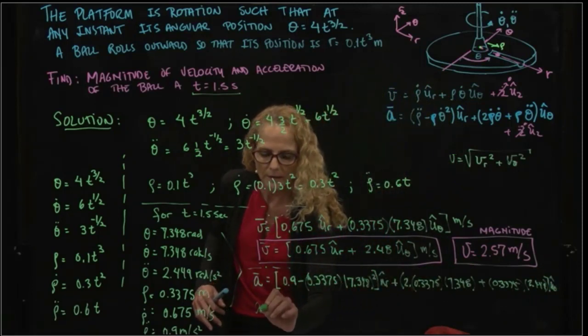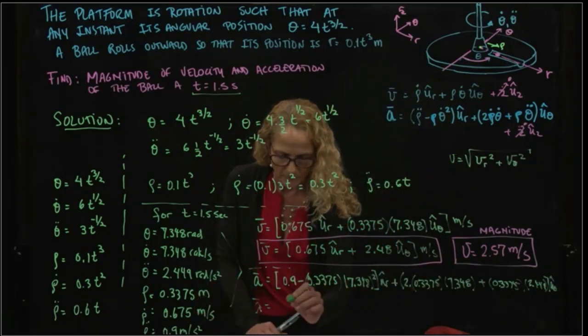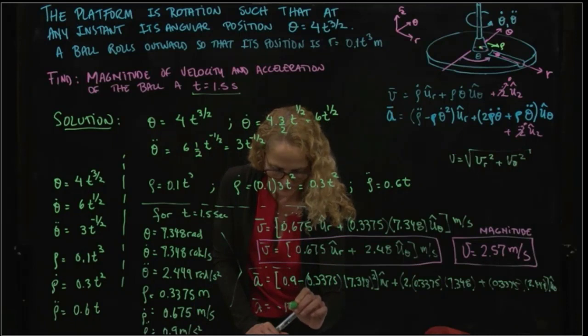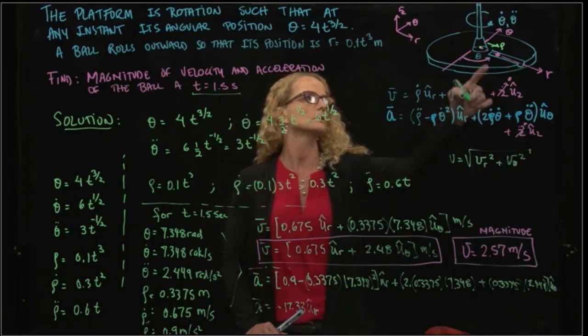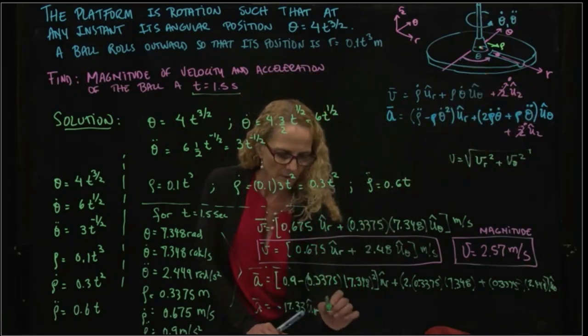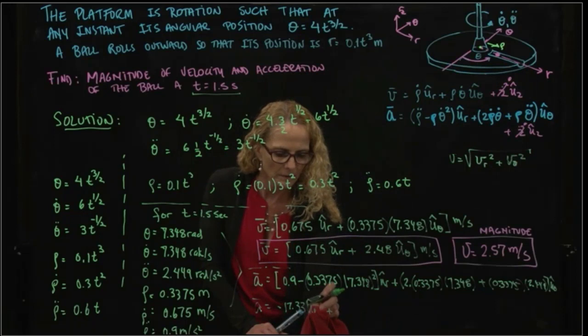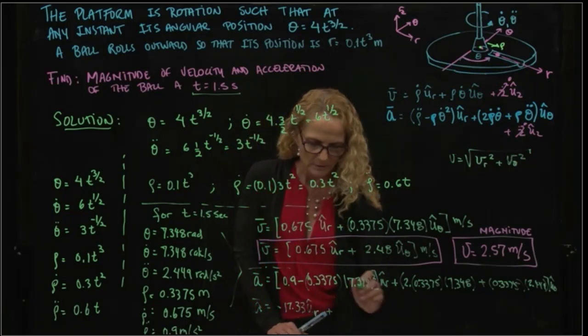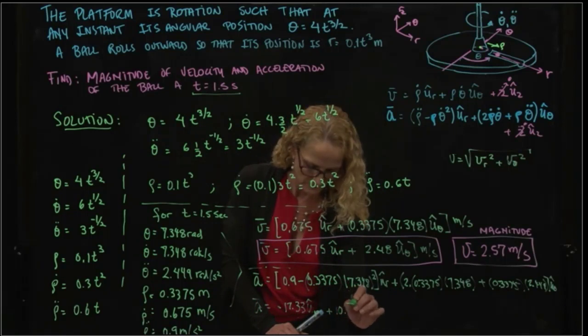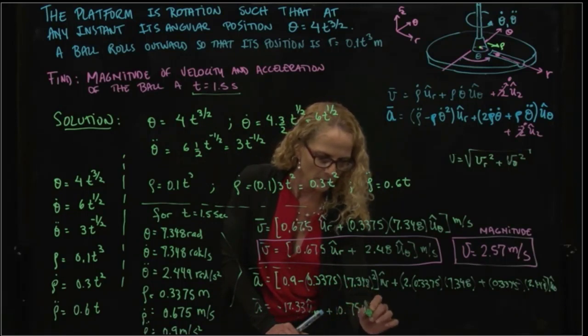So when we calculate that, we get minus 17.33 in the u r direction, in the direction of r, and plus 10.75 in the theta direction.